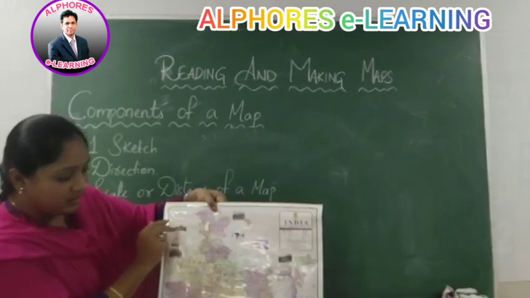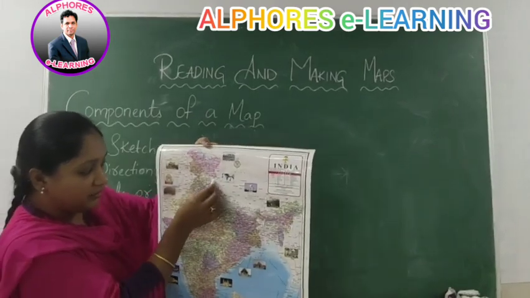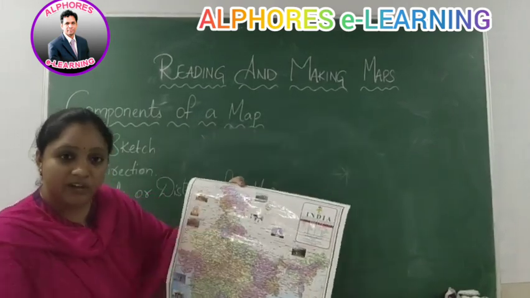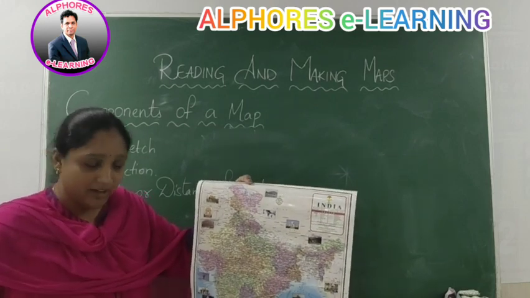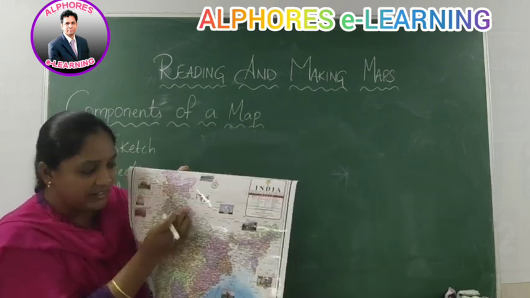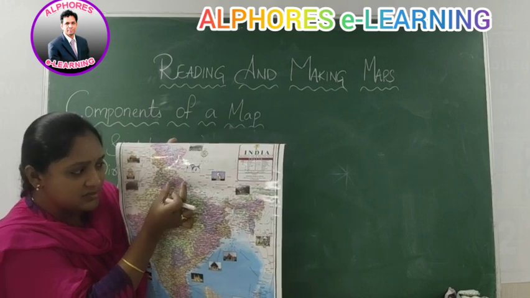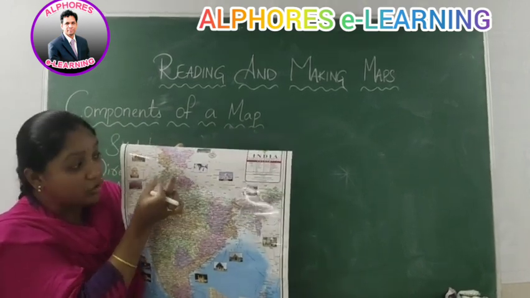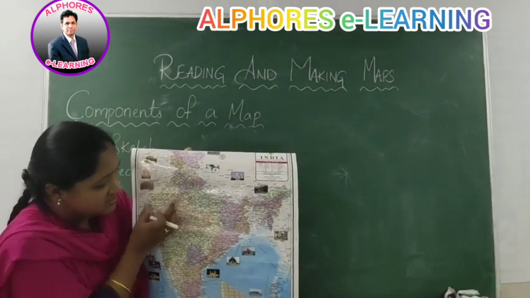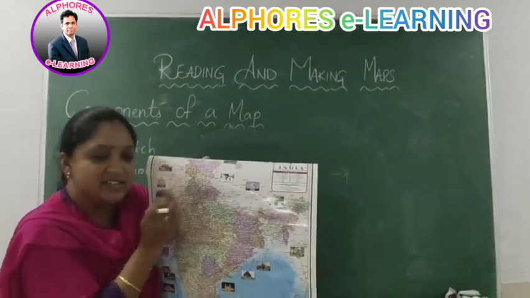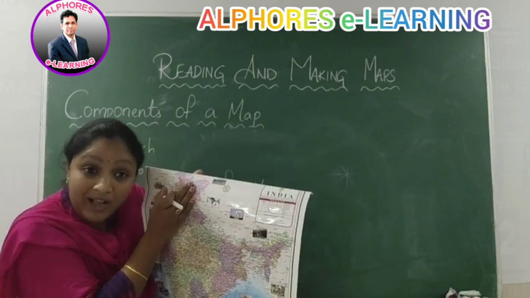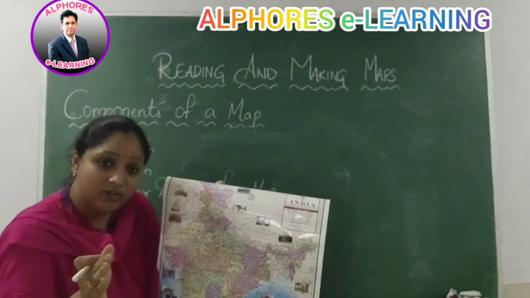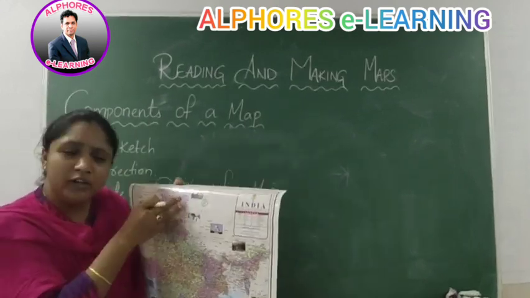So what happened here? How did we reduce it? If you see Uttarakhand, it is very big on the ground surface. Am I right? But when it comes to a map, it looks very small to you. Yes or no? See, in between this size, you can see the total Uttarakhand. Not only that, you can see each and every state, which is very small in size, when it is on a map. But when it is on the ground, it is very big. How do we do it?